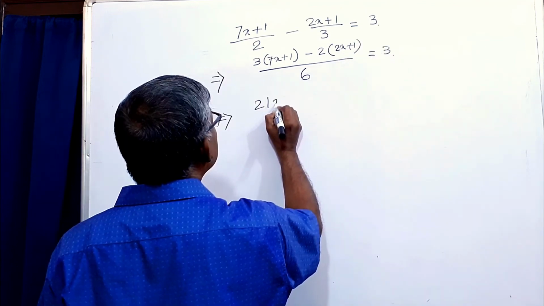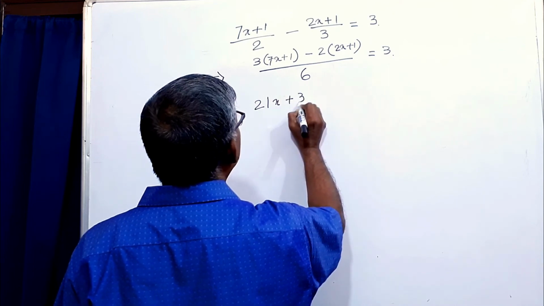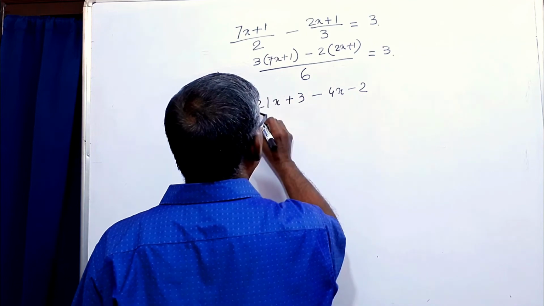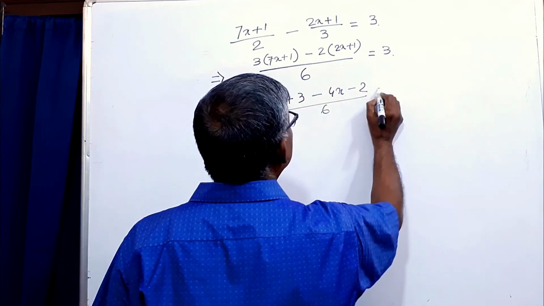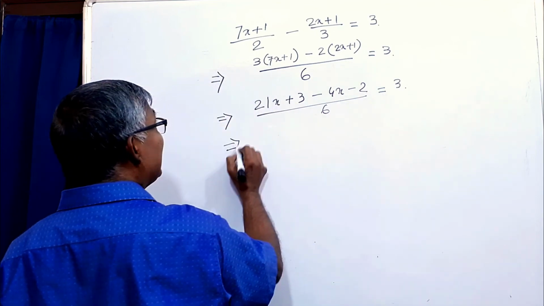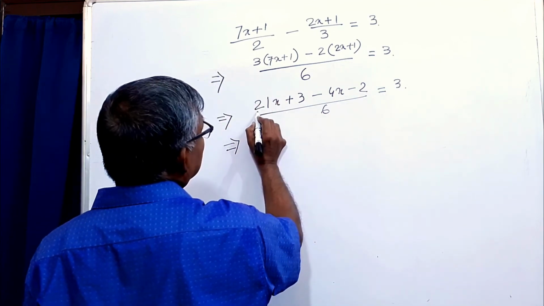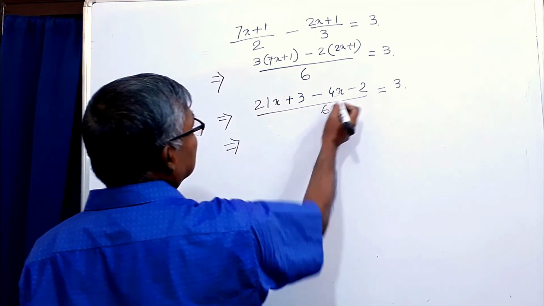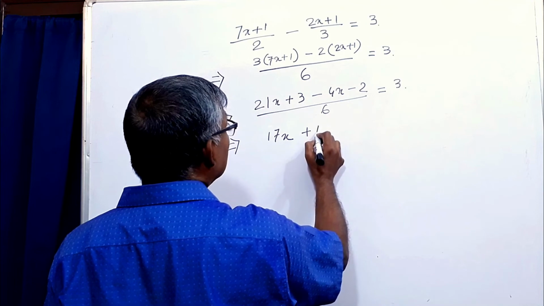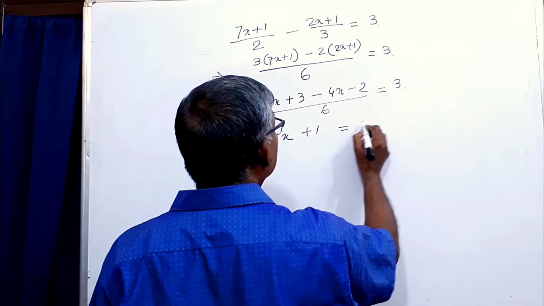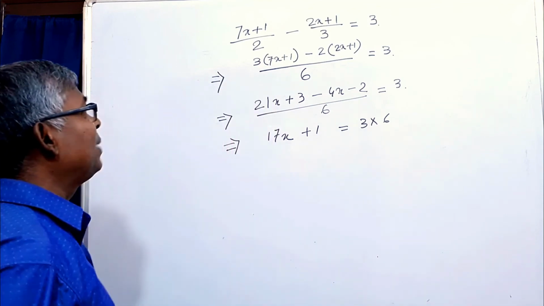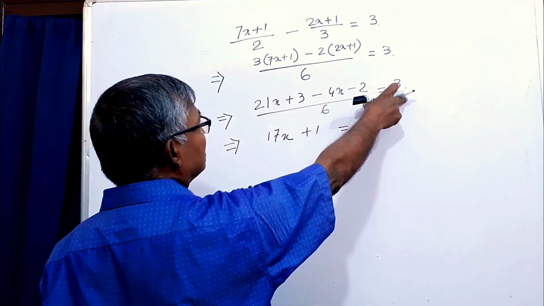Here (21x plus 3 minus 4x minus 2) by 6 equals 3. This implies that here is 21x minus 4x, that is 17x plus 1 equals 3 into 6. Suppose we are multiplying both the terms by 6.